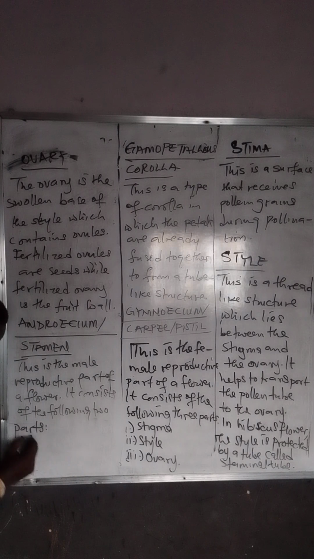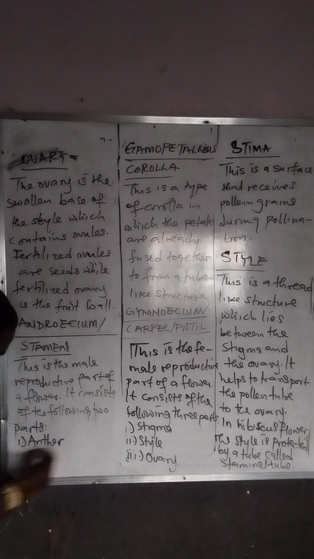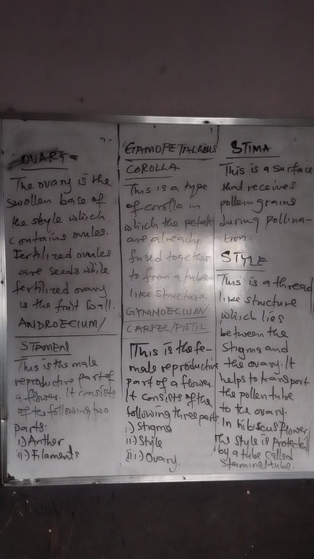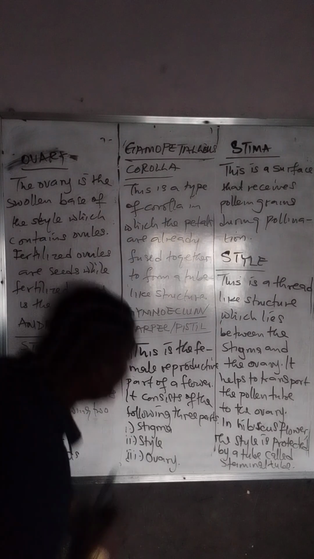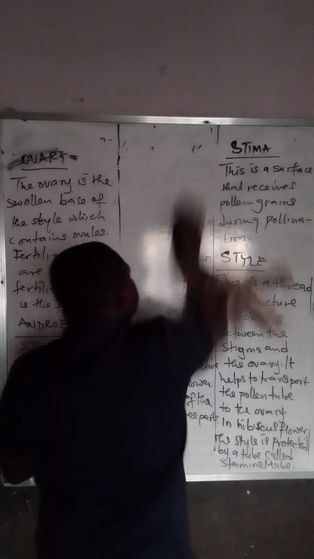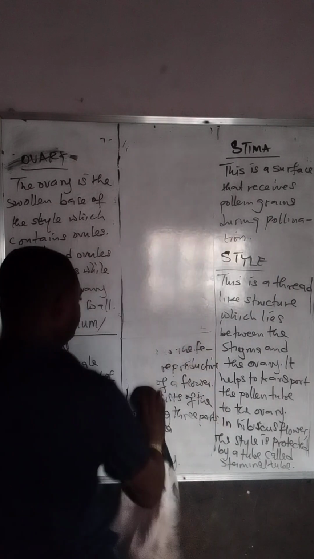Number one, we have anther. Number two, we have filaments. These two parts form the stamen. Now let's go and look at the first one, which is the anther.